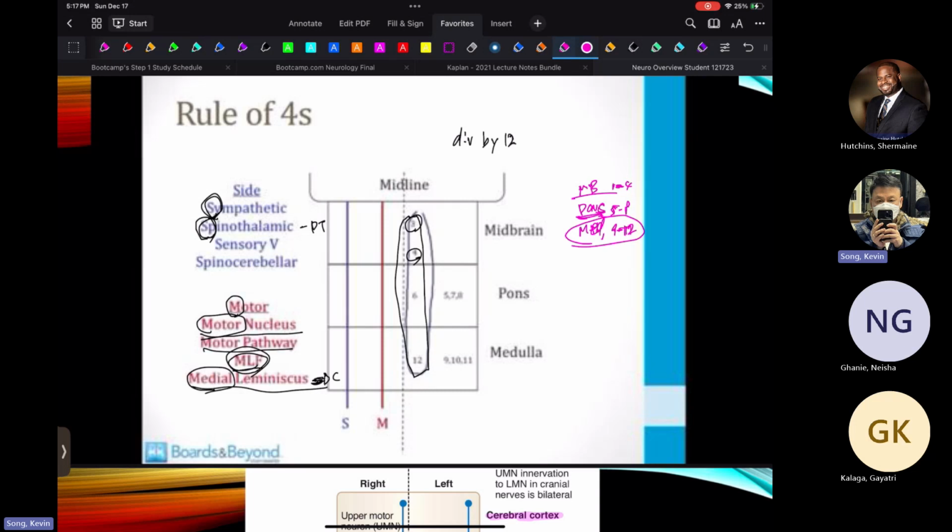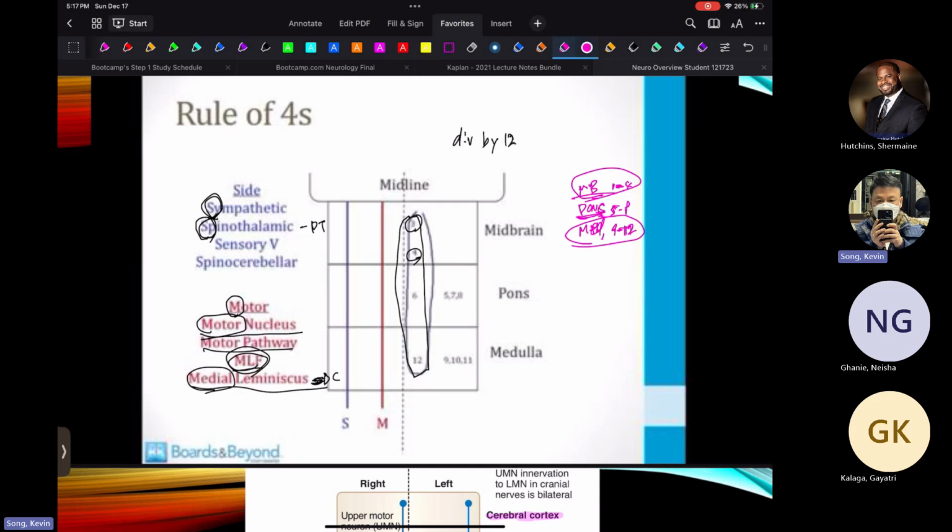And if the region is in the midbrain, you don't see something to do with the vagus nerve or the hypoglossal nerve, so no tongue movement difficulties. That's all in the medulla.